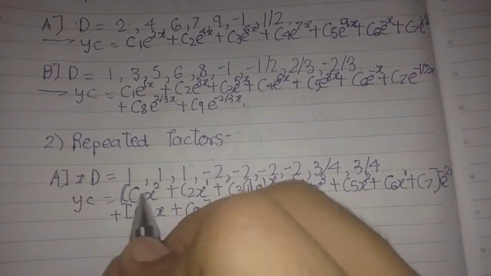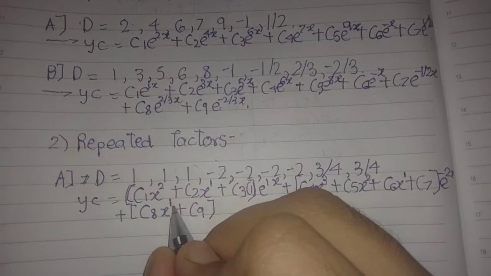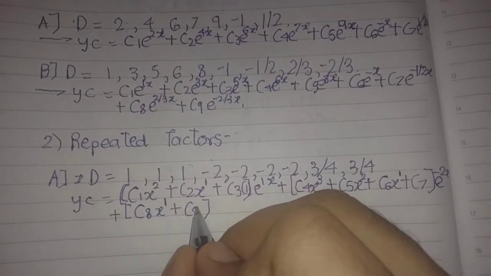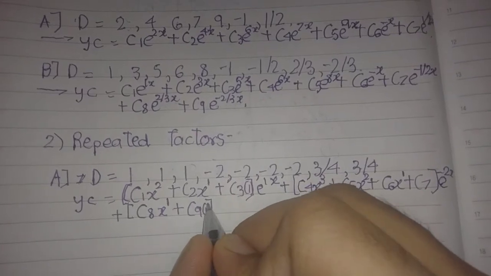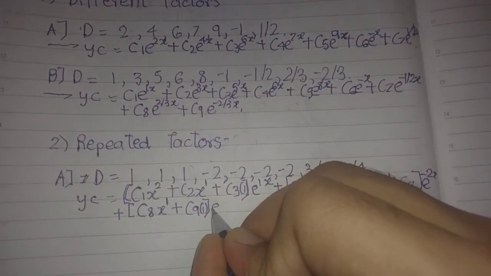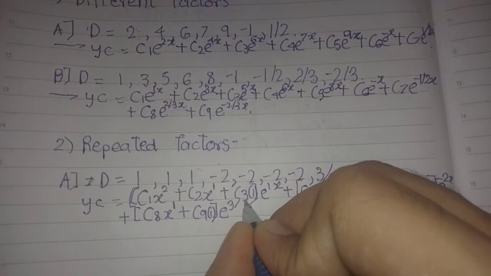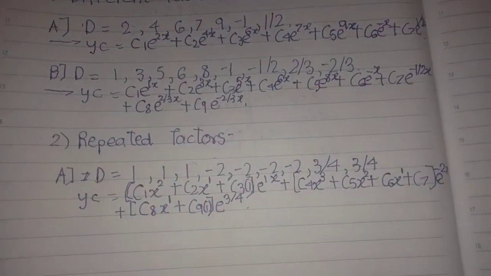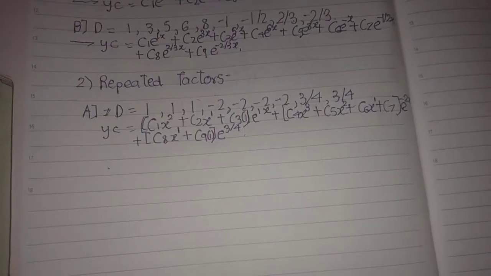It is 2. So 2 minus 1 is 1, and then it goes on decreasing. So 1 minus 1 is 0, and anything raised to 0 is 1. What number is repeated? 3 by 4 is repeated, so we are going to write 3 by 4 here. This is the final answer.